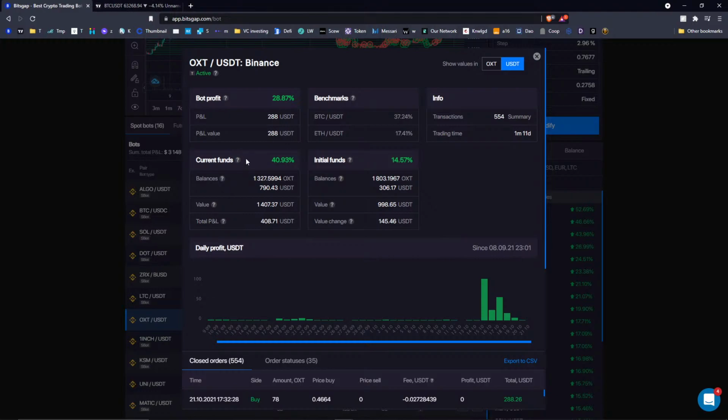Trailing down and trailing up save a lot of time and provide more opportunities for the bot to trade, and that's the result for OXT in that case. You see 400 instead of 146 if I would just hodl it.